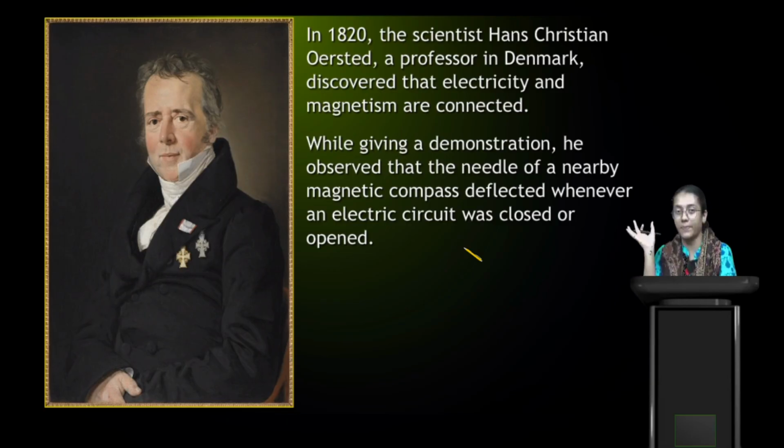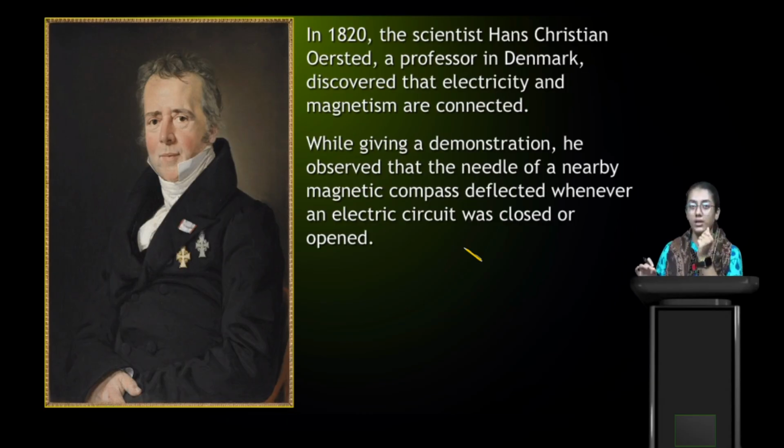Okay, see what happened? One day he was giving some kind of demonstration regarding his observations. While giving his demonstration, he observed that whenever there is a current flowing through the wires, there is a deflection in the magnetic needle of the compass.